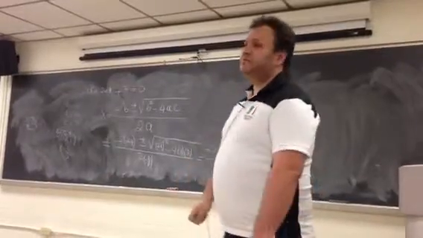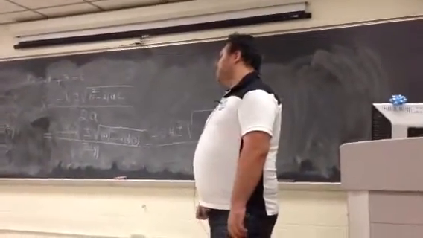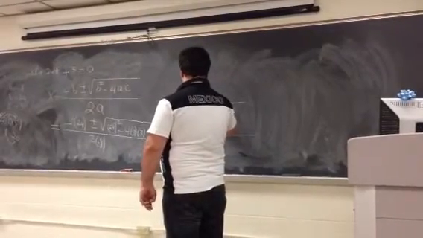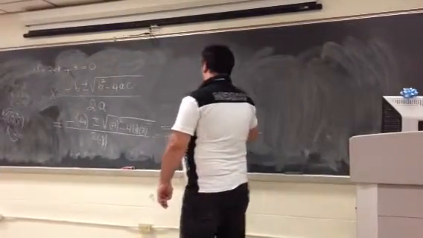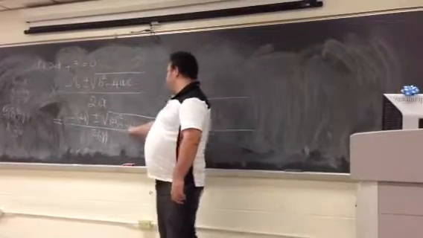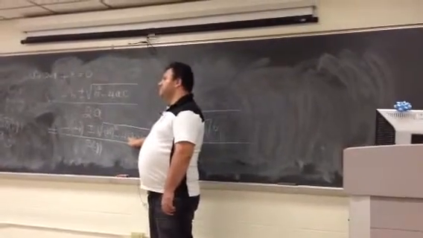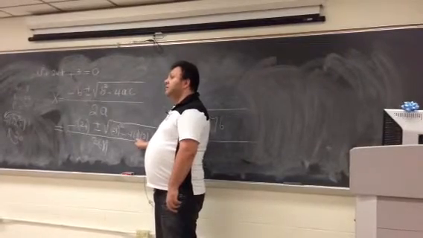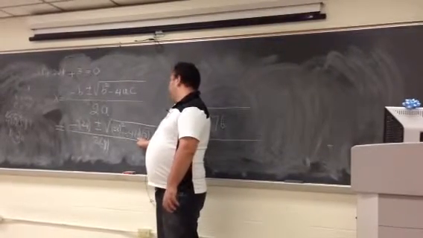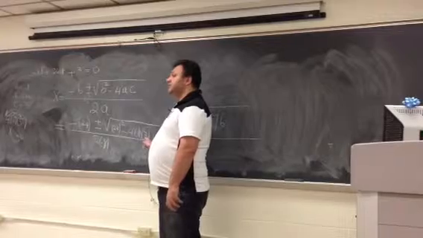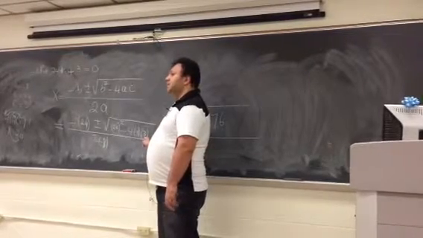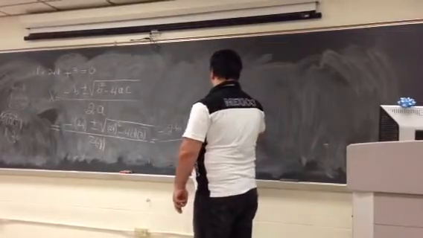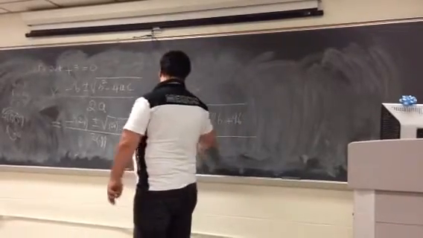What is 24 times 24? 576. Okay, so let's say 576. Now here, what's negative times negative? And then 4 times 8 is what? 32. And then times 3 is what? 96, right? So this is plus 96 over negative 16.